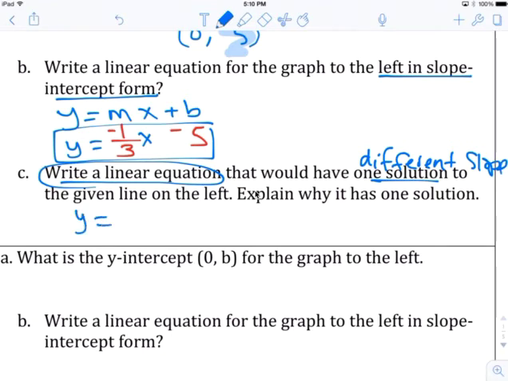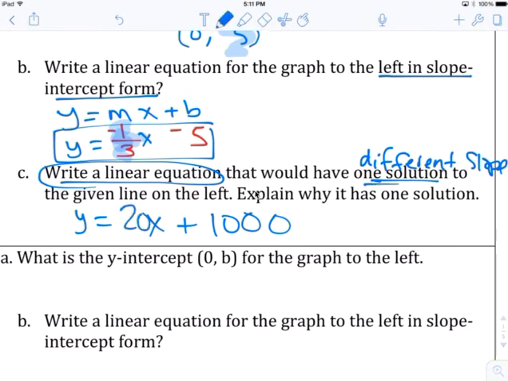Y equals, instead of -1/3 x, I can do 4x plus 1,000, as long as the slope is different. You can basically put anything: 10x, 1x, 20x, plus whatever you want.